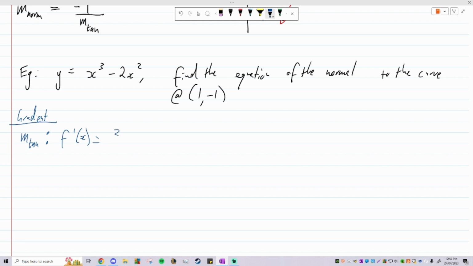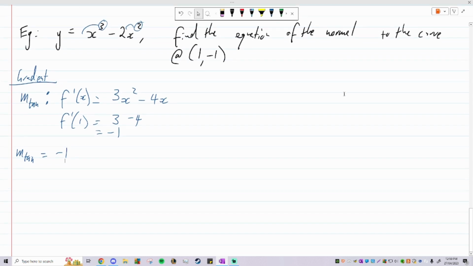So the gradient's going to be 3x squared take 4x. Hopefully that derivative isn't too bad. Drop the 3, drop the 2, and multiply them in. Now, f dash of 1, plugging in that x value, gives me 3 minus 4, so -1. So the gradient of the tangent is equal to -1.